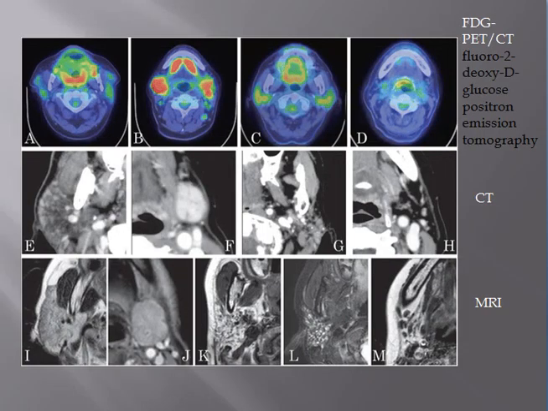MR sialography is used for diagnosis of stricture, grading of Sjogren syndrome, and following up after radiotherapy. Diffusion weighted MR imaging has a role in grading of Sjogren syndrome and diagnosis of post-radiation sialadenitis.